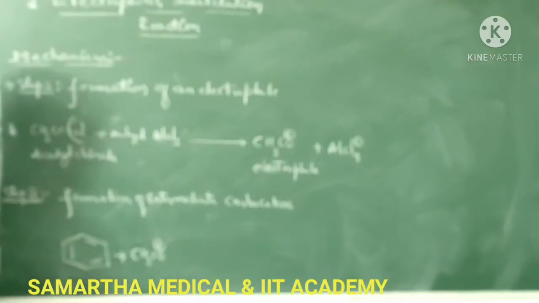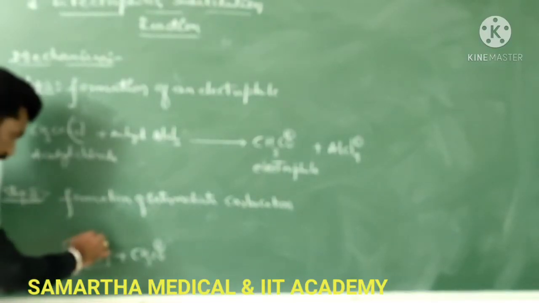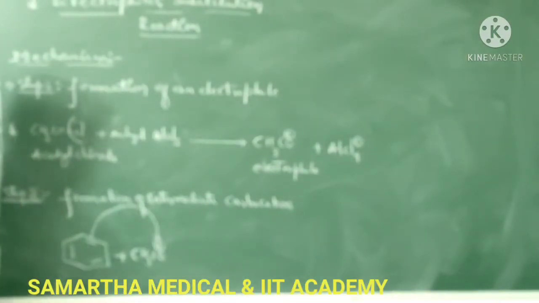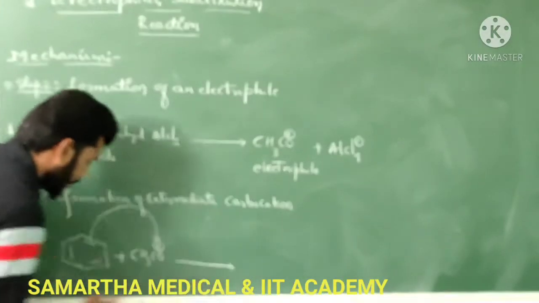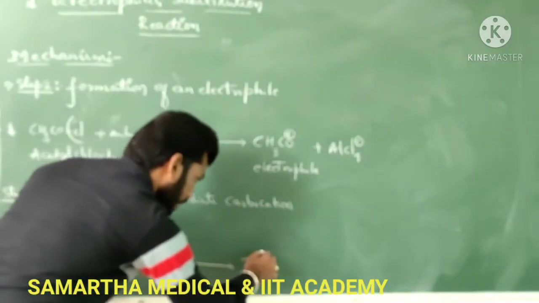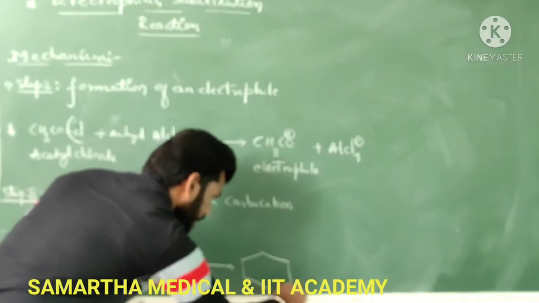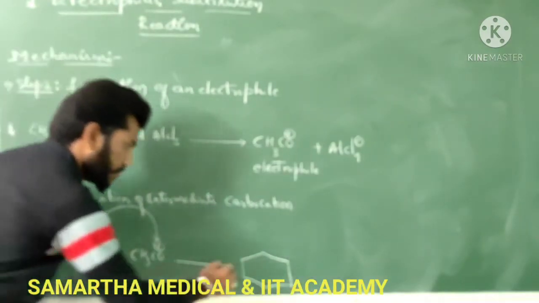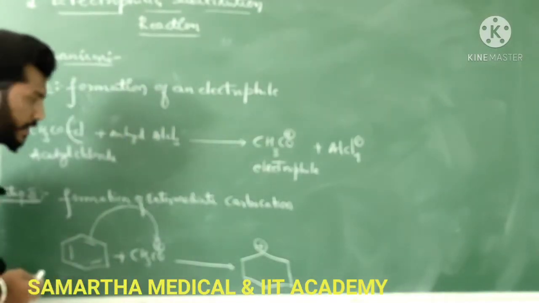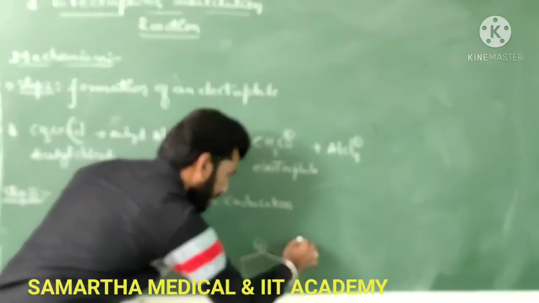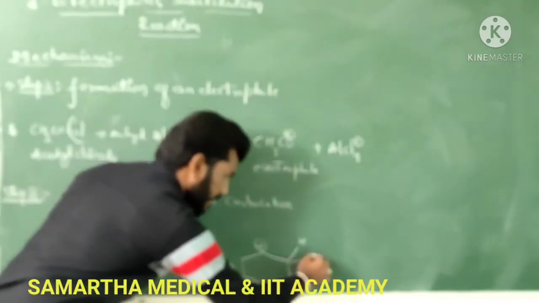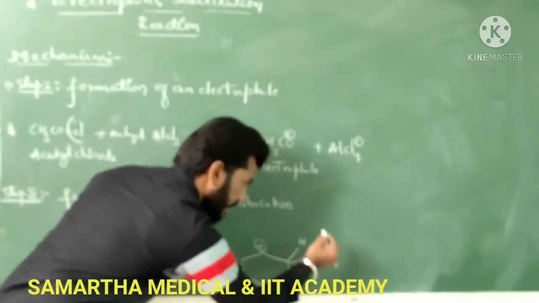By the way, benzene has pi electrons, right? That pi electron attacks the electrophile, thereby this particular carbon gets a positive charge. Why? Because its electron has been involved in the chemical reaction, so this carbon has a positive charge on it, and the next carbon has been attacked by the electrophile as COCH3.